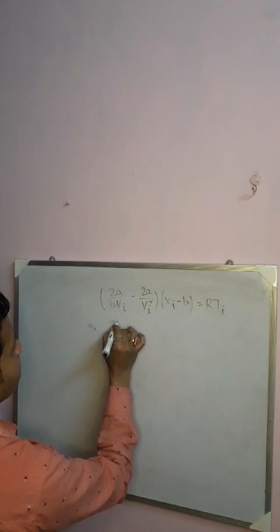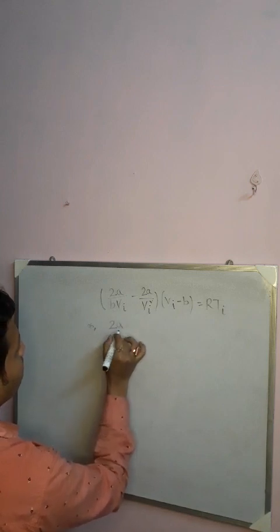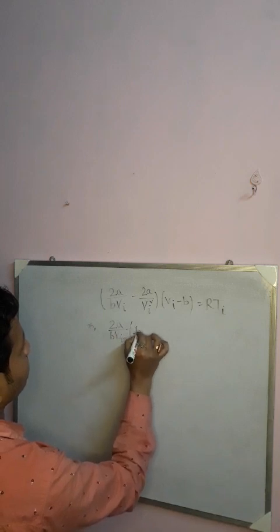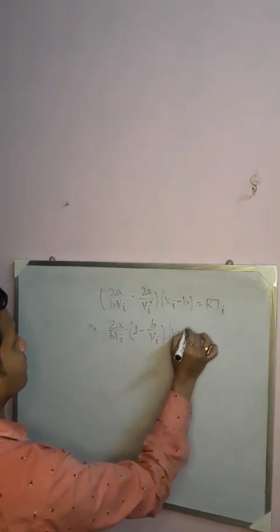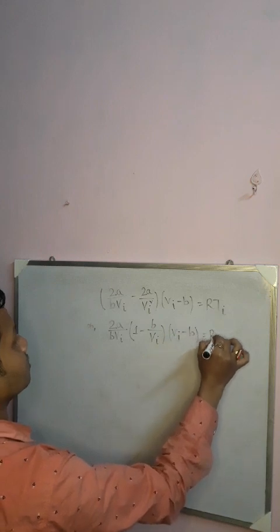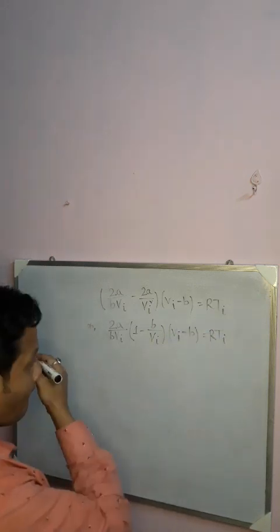What happens if we take 2a by b Vi common? We get 2a by b Vi, into 1 minus b by Vi, and this is Vi minus b, equals R Ti.